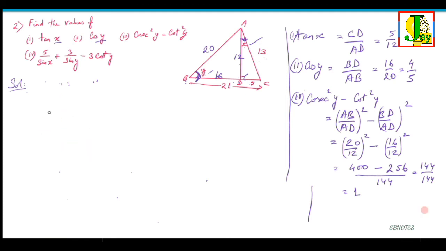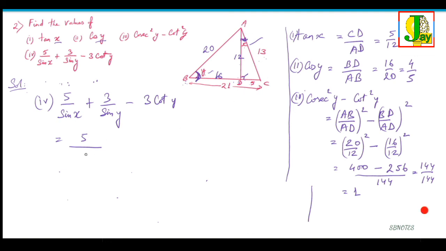Okay, let's find out the fourth one. 5 by sin x plus 3 by sin y minus 3 cot y. So you have 5 by sin x. Sin x is opposite by hypotenuse, so for x you have opposite CD by AC, that's 5 by 13.